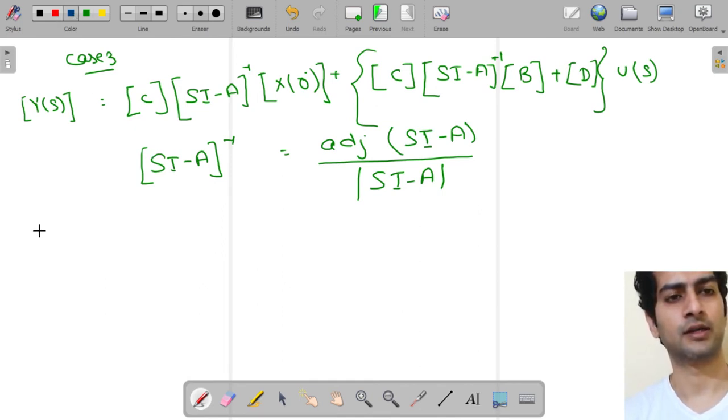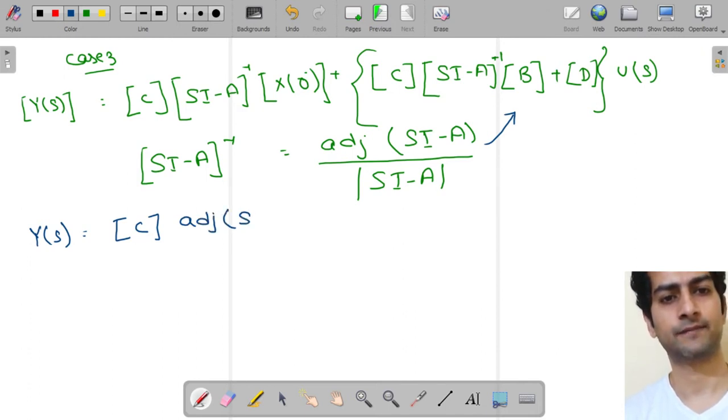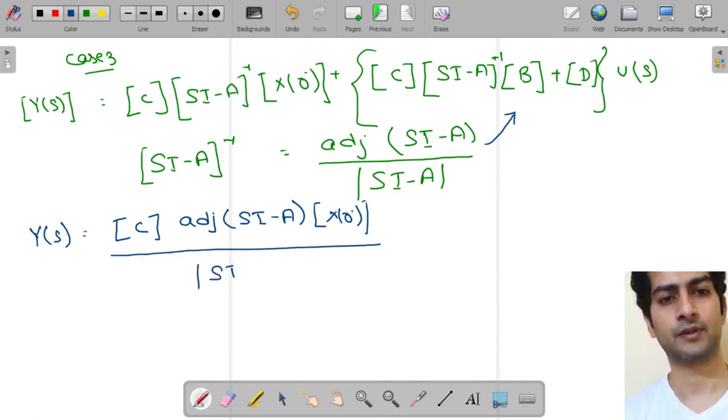So now put it into this equation. What we will get? We will get Y(s) equals matrix C, adjoint of (sI minus A), initial conditions, divided by mod of (sI minus A).